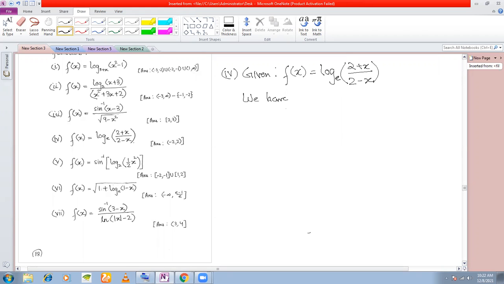The restriction here is that whatever is within the log, that has to be greater than 0. Base is e. So do you know what is the approximate value of e? e is always positive. The value of e is approximately 2.73. Okay. So e is fine.